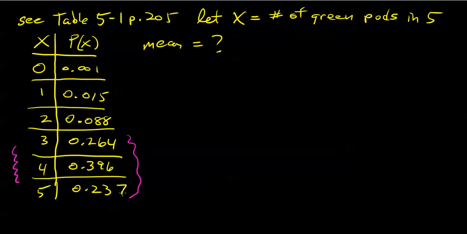They're higher probability values. So if I perform this experiment a large number of times, I'm going to guess that the mean number of green pea pods is going to be somewhere in the range of 3 or 4 or 5. Let's see if we can confirm that with the calculations.